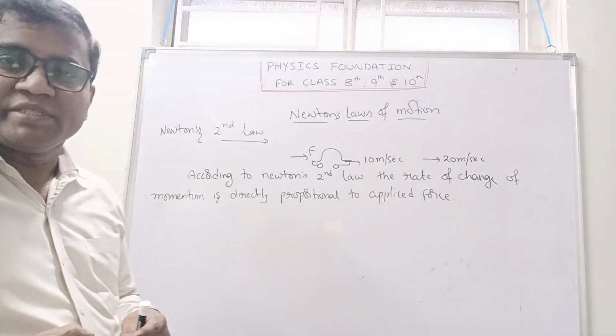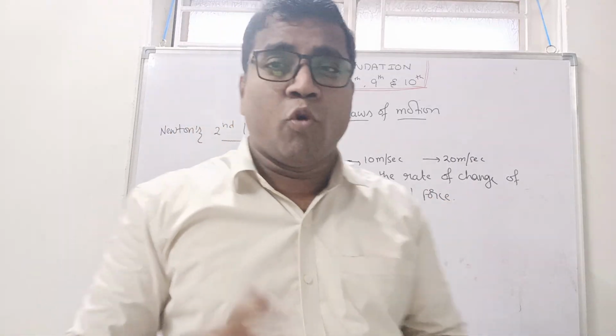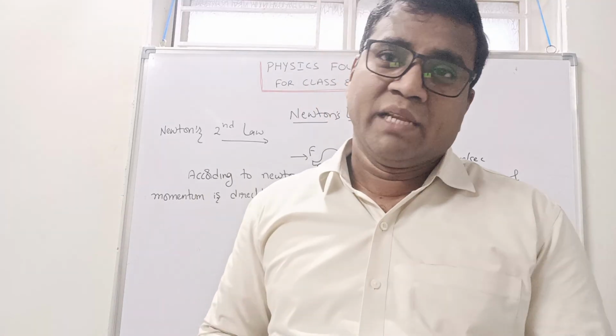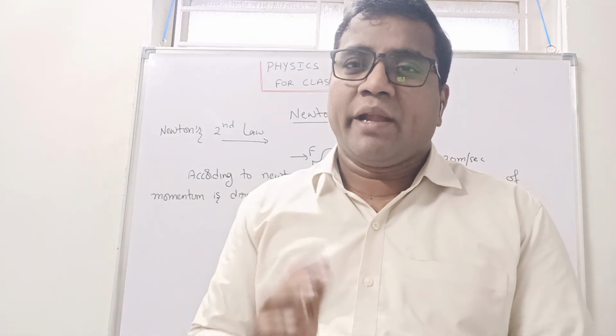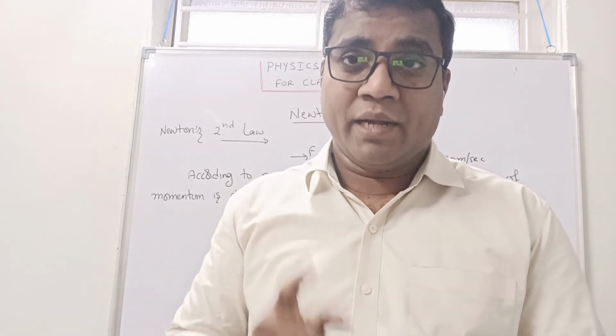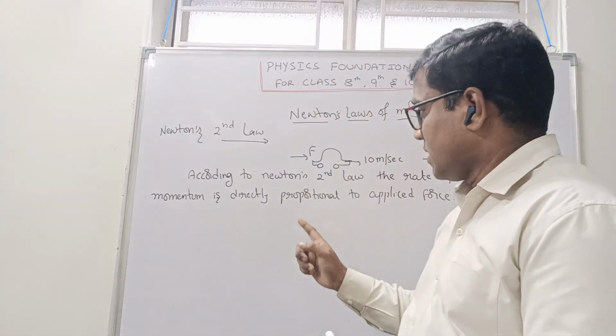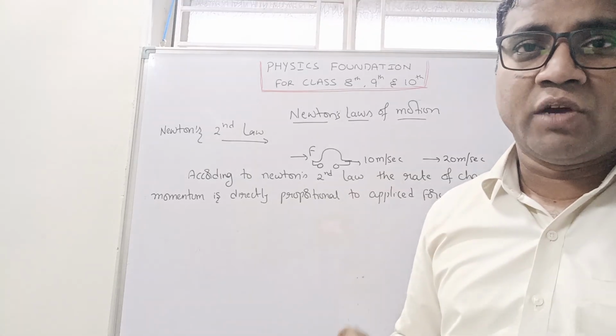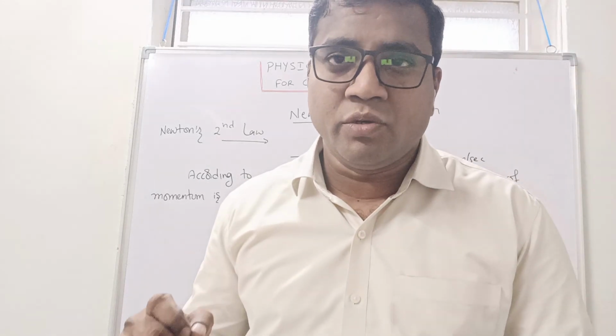See here, why am I saying it is directly proportional? Because the more force is applied, the more change in momentum there will be. Less force applied, less change in momentum. But according to Newton's second law, the rate of change of momentum is directly proportional to the applied force.